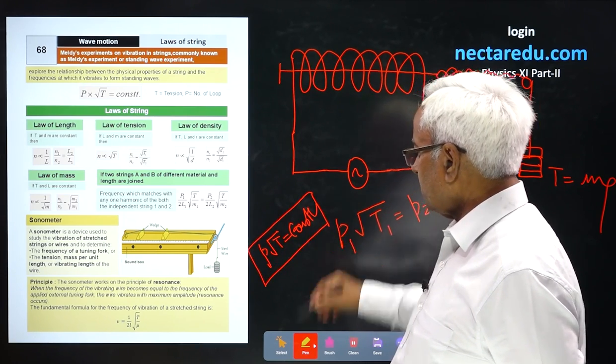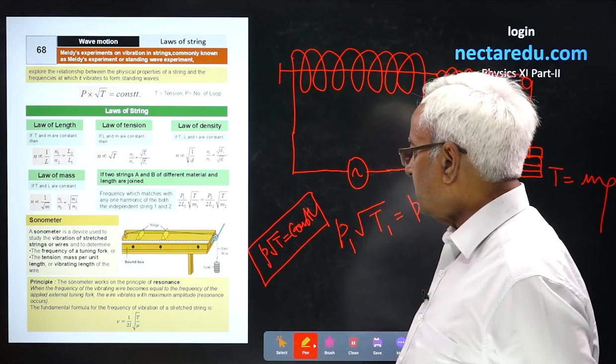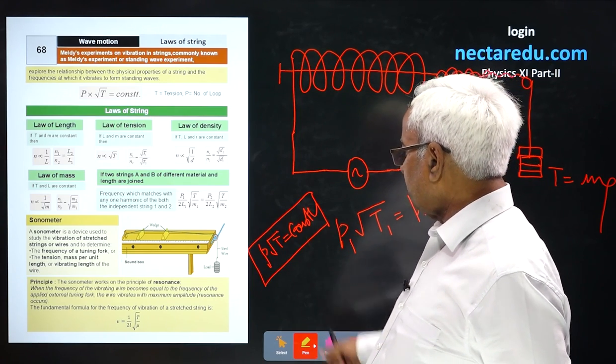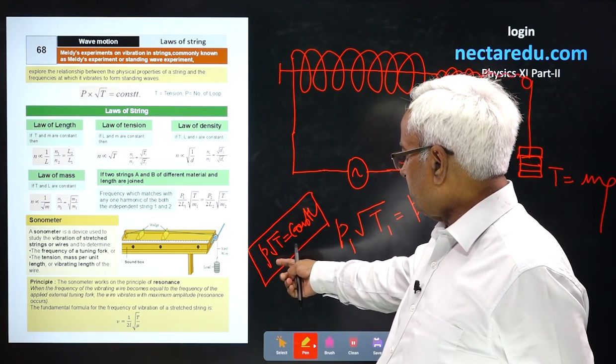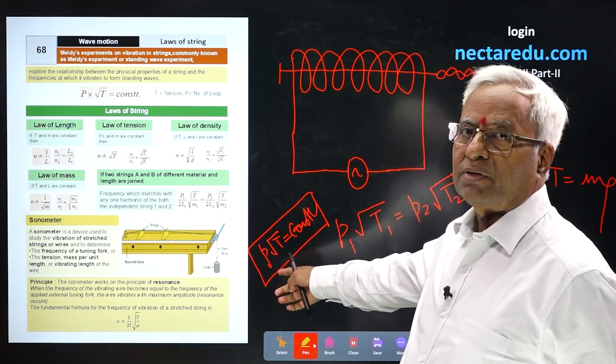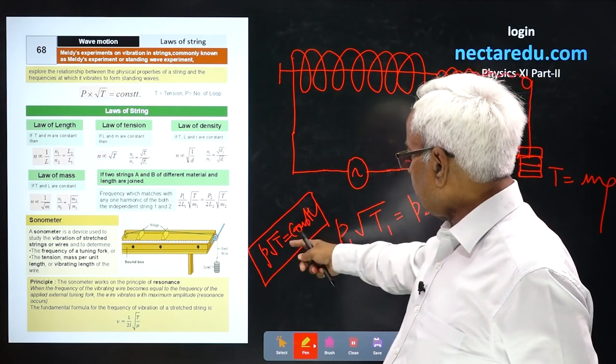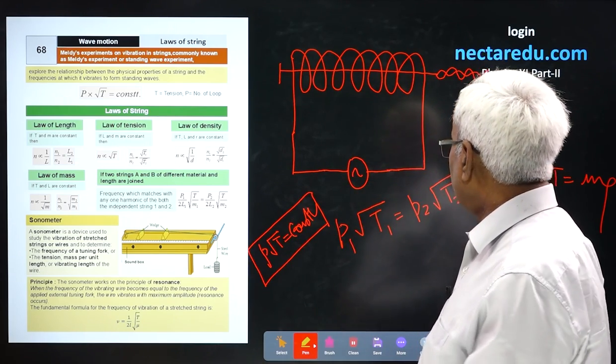Melde's law is regarding the connection between the tension in the string and the number of loops possible. p is the number of segments, or you might say the number of loops in the string, and T is the tension.